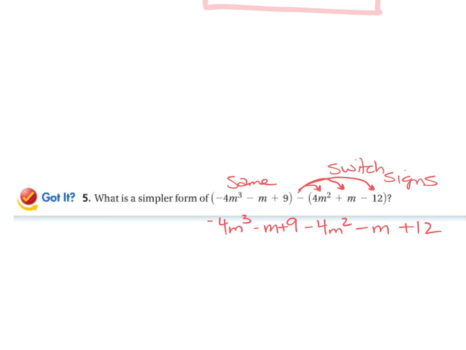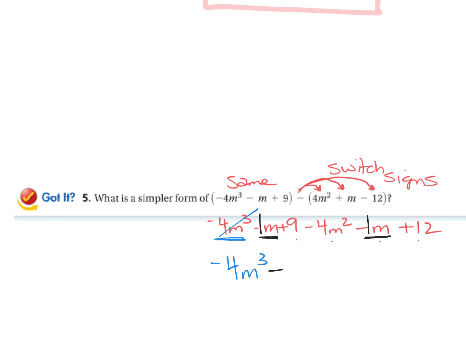Now we'll combine like terms. So I'm starting with a negative 4m to the third. As I look down at my other terms, there's no other m to the thirds. So that's just going to come down by itself. I can see that I have a negative m and a negative m. Those will go together. Remember, there's really a 1 in the front.